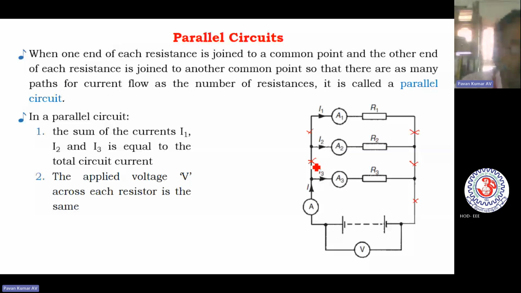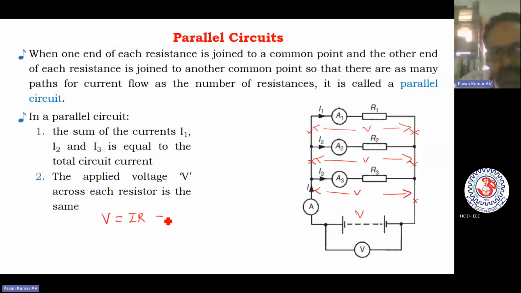So the same voltage V applies at R3, at R2, and at R1. Whatever the supply voltage is, it is the same for all the resistances. Using Ohm's law, V is equal to I into R, so from here we can derive current I is equal to V divided by R.